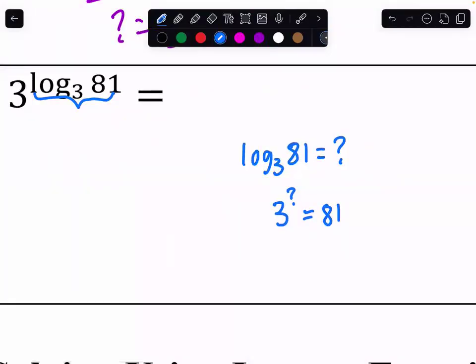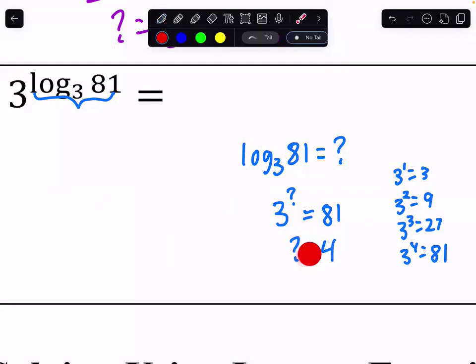Here the numbers are a little bit bigger, so you might just go through them one by one. 3 to the first is 3, 3 to the second is 9, 3 to the third is 27, so 3 to the fourth would get you to 81. So log base 3 of 81 is equal to 4.